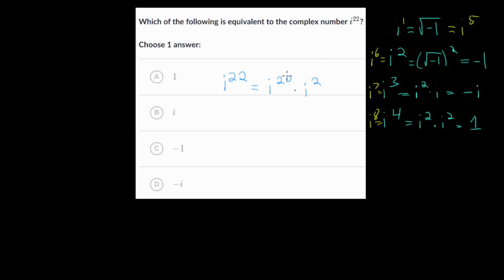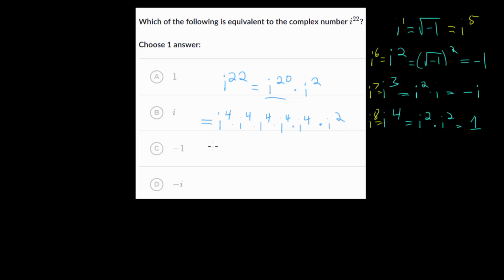But i to the 20th is a multiple of 4, and so this is going to be equal to 1. Now, if you want, you can write this out explicitly, since i to the 20th is really just i to the 4th times i to the 4th, and we do this 5 different times so that we have 20 i's multiplied together, and then we have i squared.